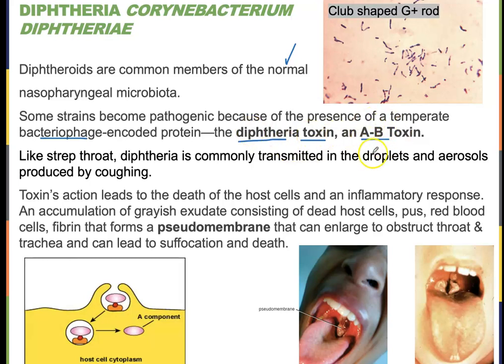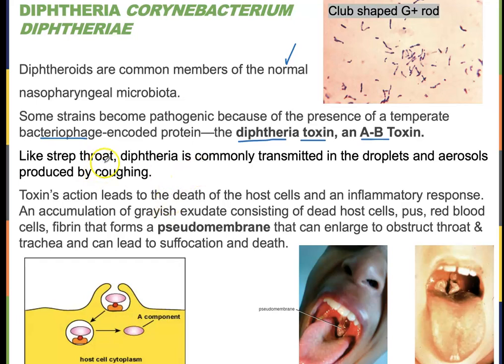So quickly, an AB toxin: the A is the active part of the toxin, and the B is the binding part. So it's a two-part toxin, where one part binds to the host and the other part becomes the active part. That's all you need to know about AB toxins. It's just a way that this one toxin works.